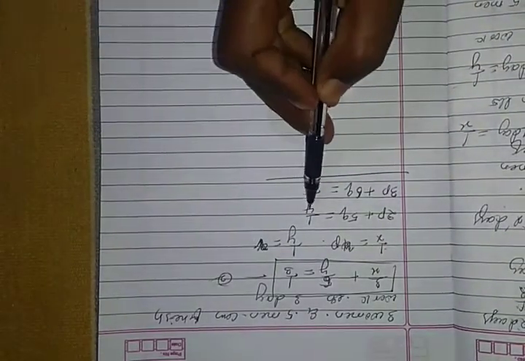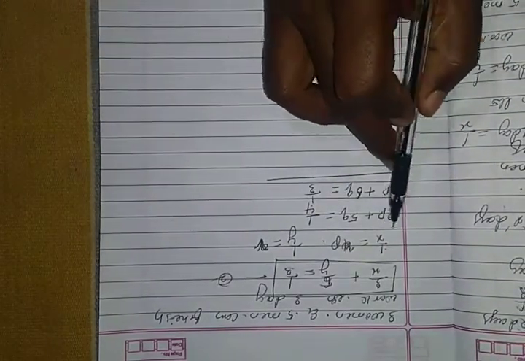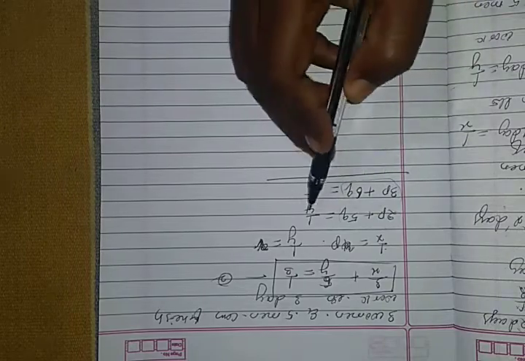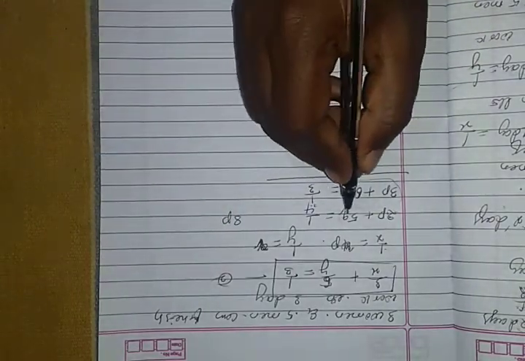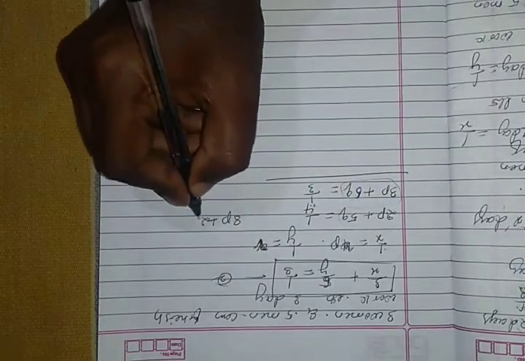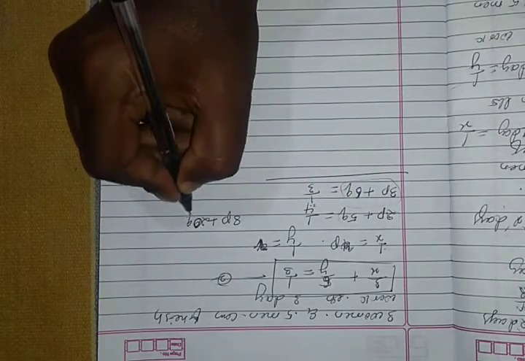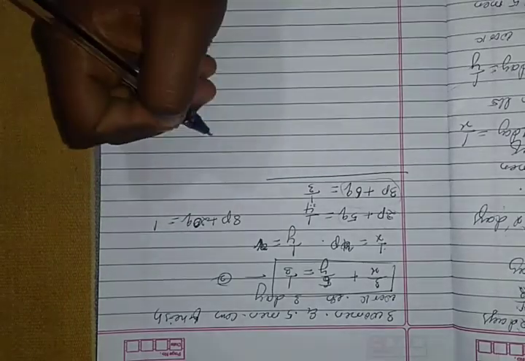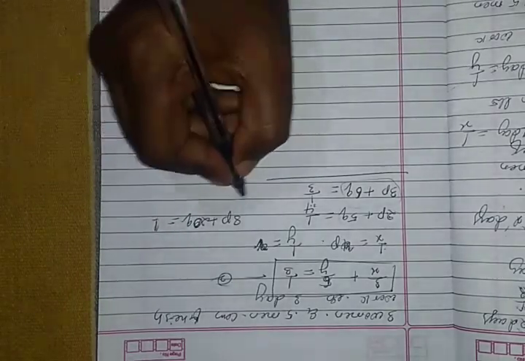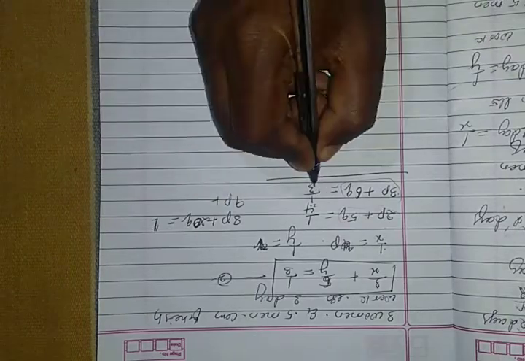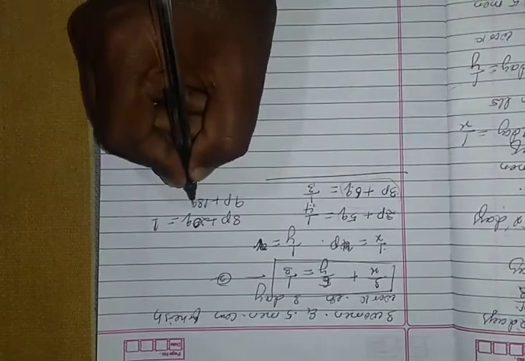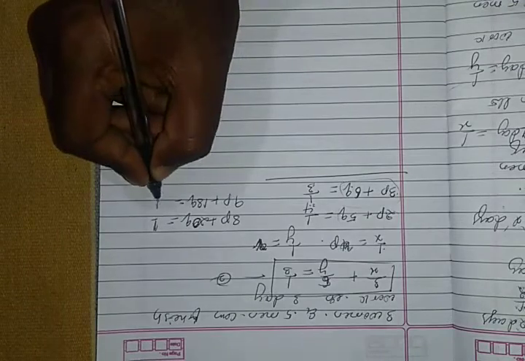Here the denominator 4 is multiplied with the left side, so 4 into 2 is 8p and 4 into 5 is 20q, and here the 1 remains. Similarly 3 into 3 is 9p, 3 into 6 is 18q, and here the 1 is the numerator.